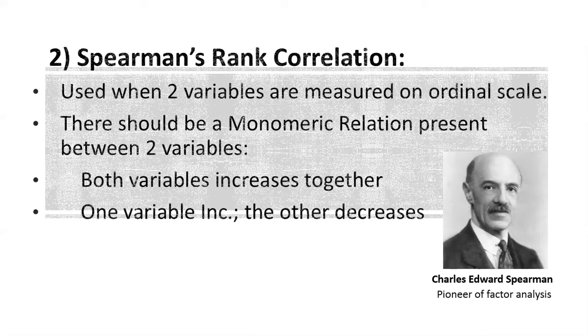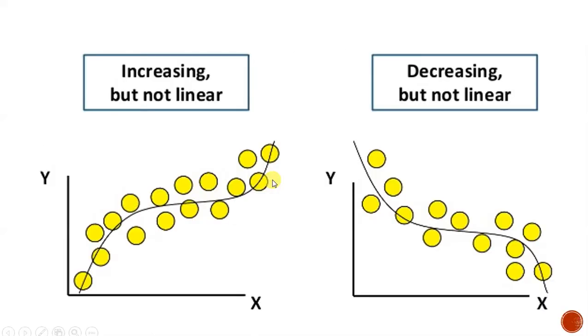A monotonic relation is one where both of these variables increase together, or if one variable increases then the other decreases. If we plot a graph like this with ordinal data, it will look like this. These are the data points.